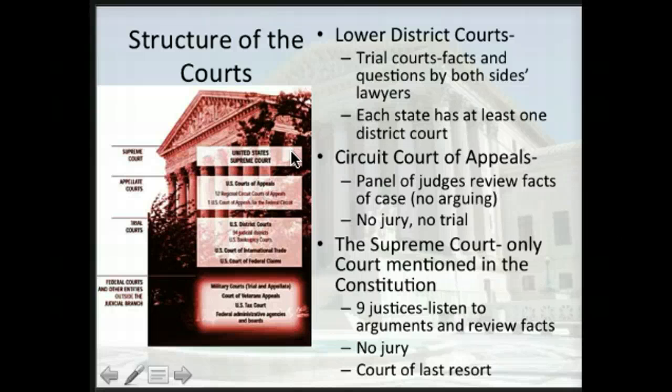There are 9 justices that listen to the arguments and review the facts of the case. This is when your lawyer would go back and argue for 30 minutes the facts and the constitutionality of your case. However, there's still no jury, and whatever the Supreme Court decides stands.